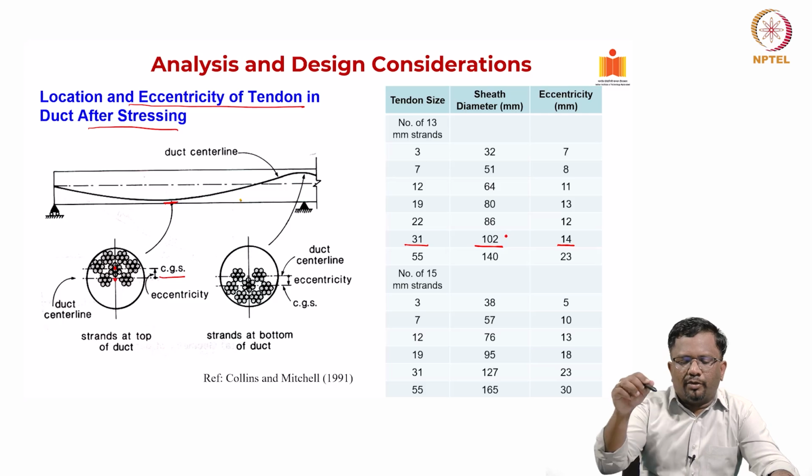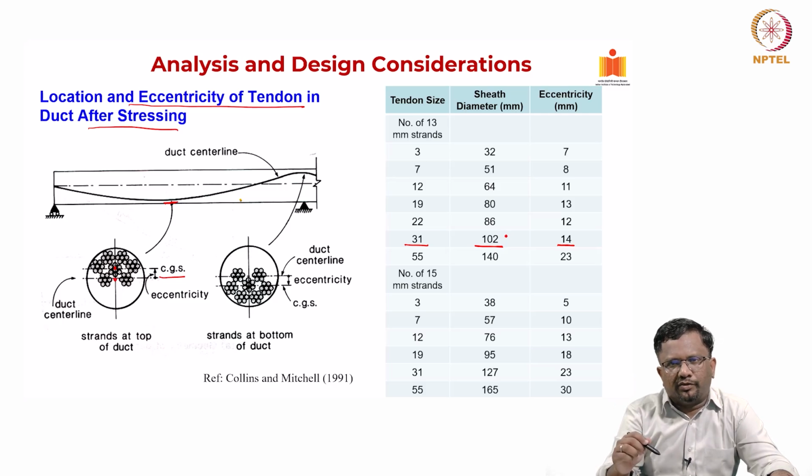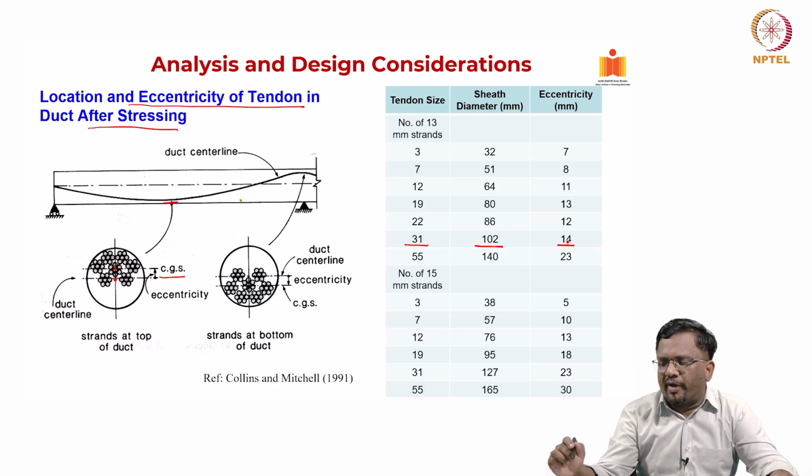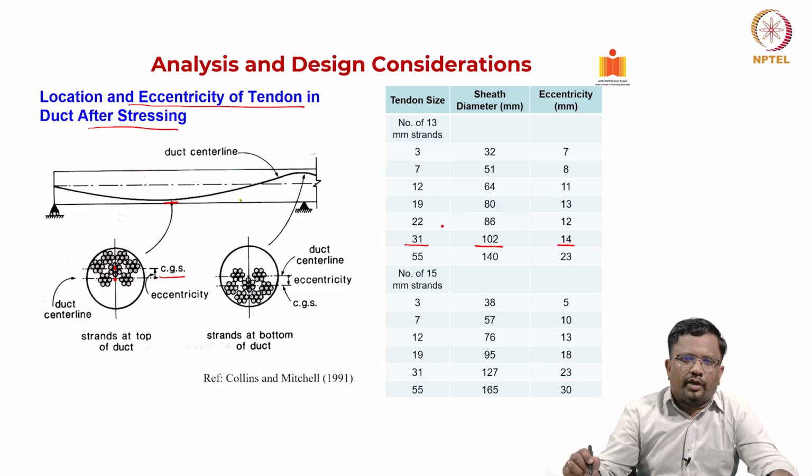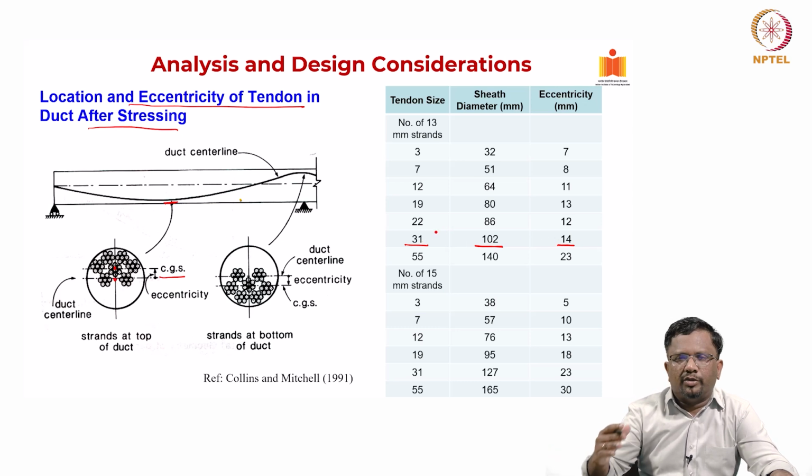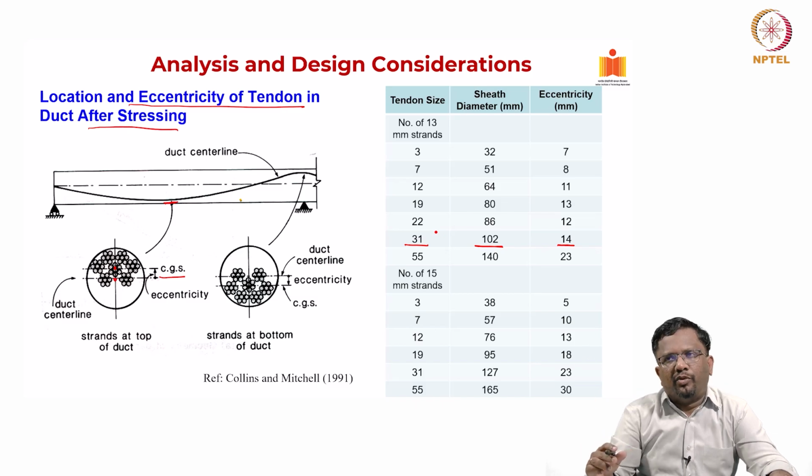So the e cannot be measured with respect to the CG of the duct. You have to subtract this 14 millimeter if you are using a 31 strand cable. You may wonder why it matters when it is only 14 mm, but when you have 31 strands stressed to a high force, even a small eccentricity will create a reduction in the pre-stressing moment that we are applying.